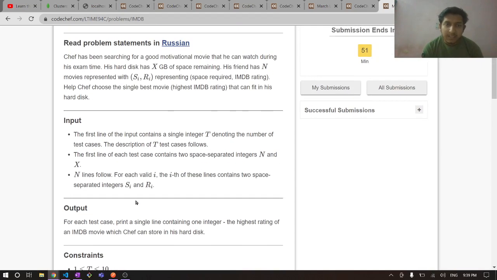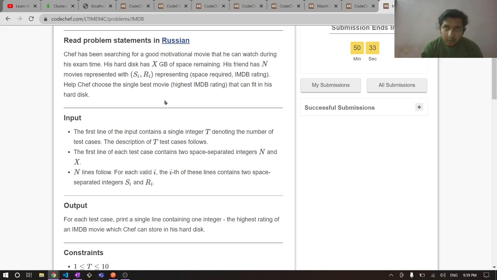We are given that Chef has a hard drive of X GB, and we have a friend of Chef who will be having N number of movies with S as the size of movie I and R as the rating of movie I. Now we have to tell the Chef the best rating he can get in his X storage drive.